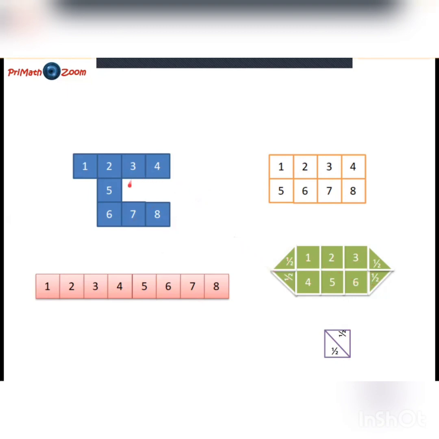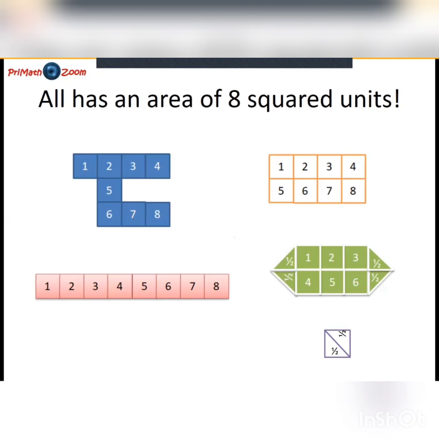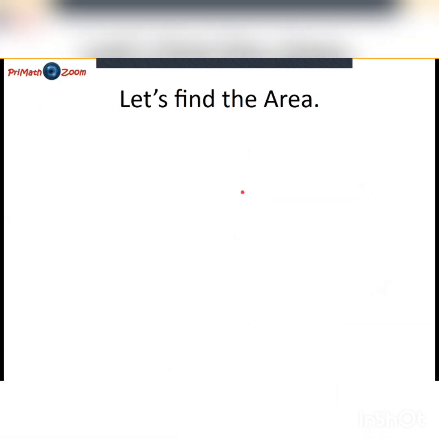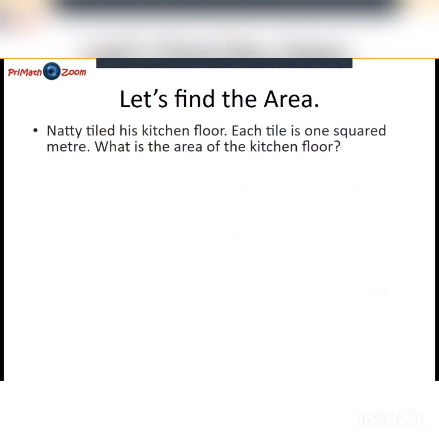So yes, area can be represented in different shapes and they still have the same squared units. So all of these different shapes have an area of 8 squared units.